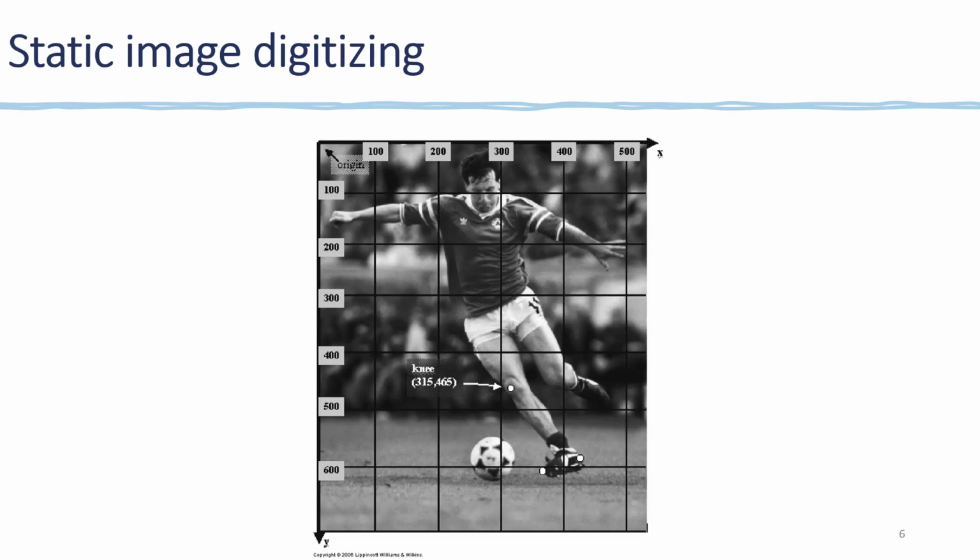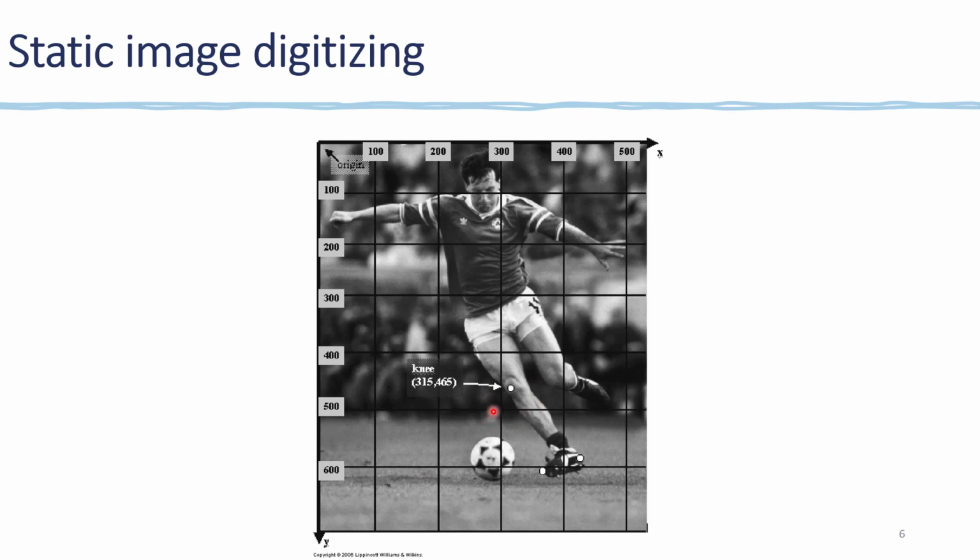So let's say we had just one image or one still frame from a video recording. We can see a marker that's placed right here on the right knee, and we have our X and our Y axes, which are a little bit harder to see because they're black on white with a black and gray picture. But anyways, we have our horizontal X axis and our vertical Y axis. Because of all this information, we're able to digitize the knee marker.